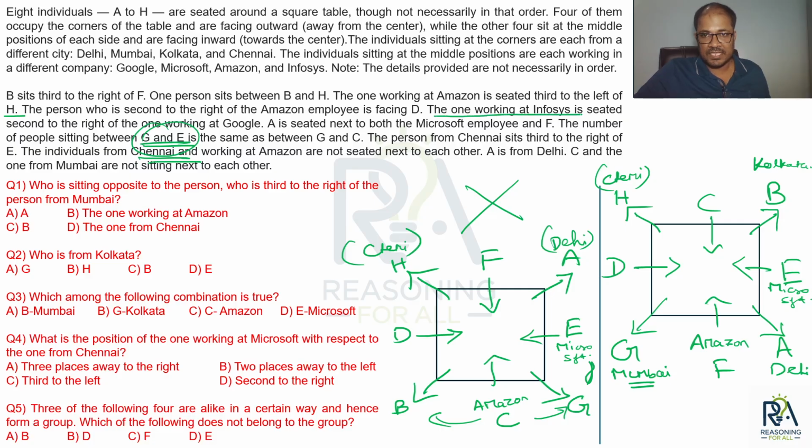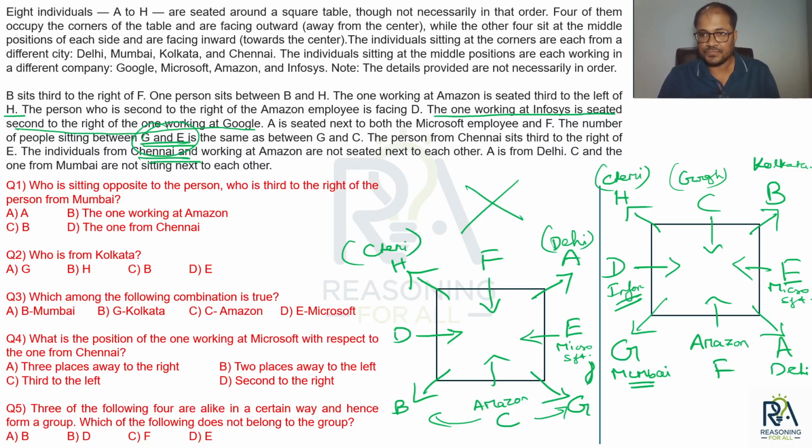It was written that Infosys is second to the right of Google. Google से second to the right में Infosys आना चाहिए. That means here I will have Google. Second to the right will be in this direction. So second position here I will have Infosys. Okay. So that completes your entire sitting arrangement along with their respective companies and their respective cities.